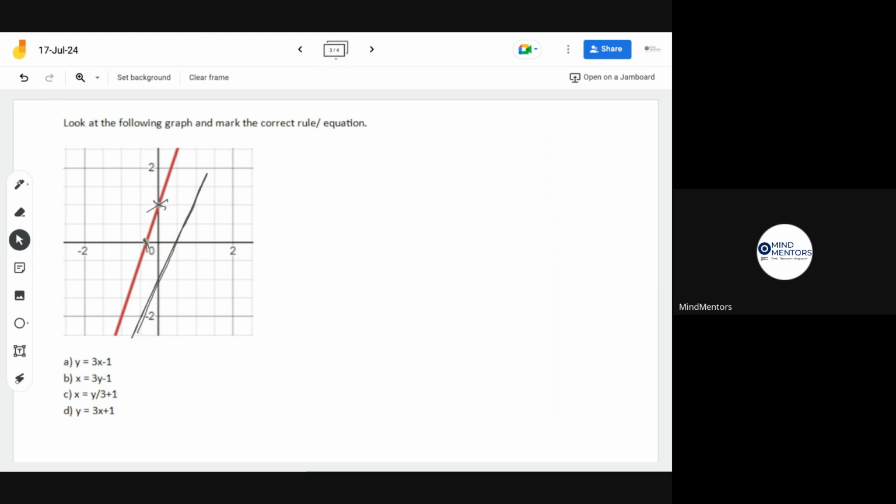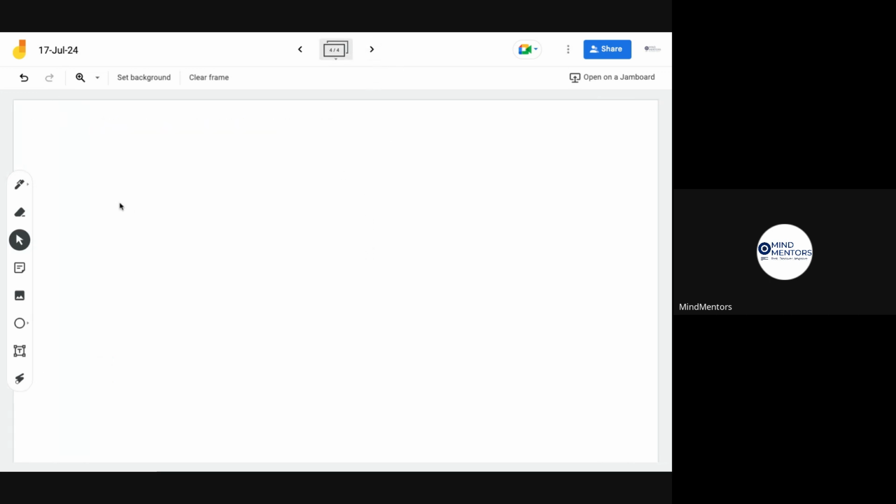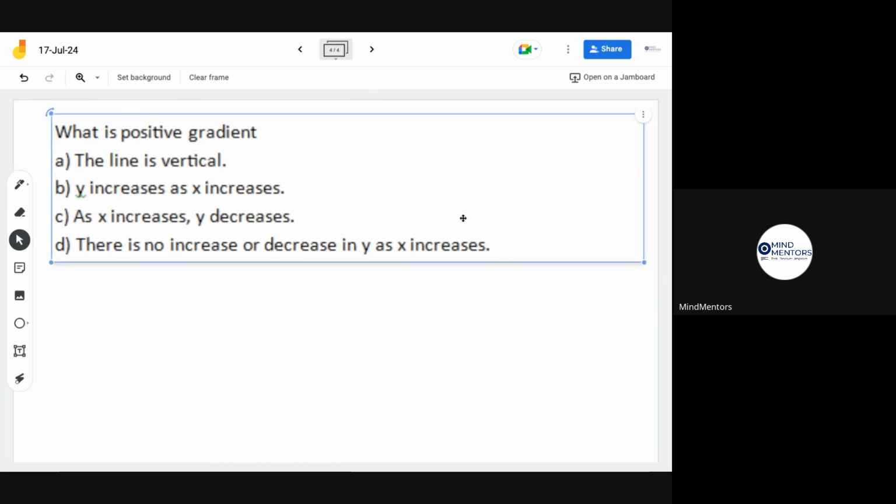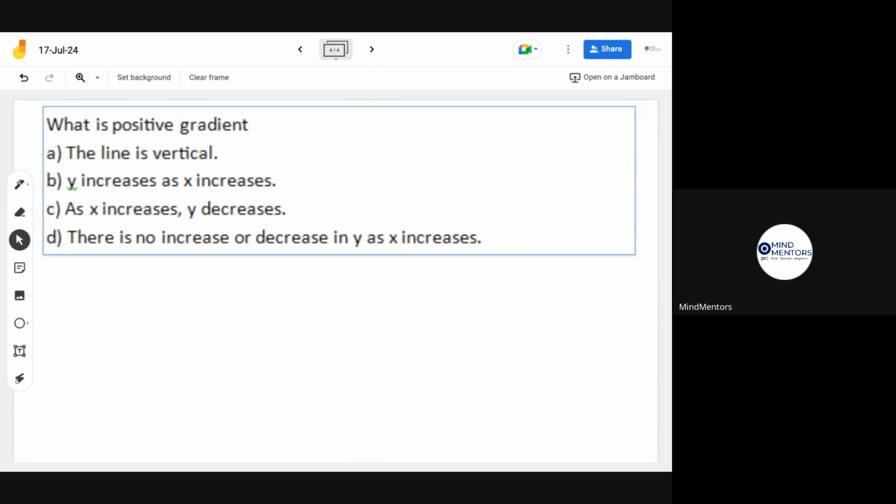All right. So there was one more question that we got wrong. It is this one. Let's look at this question as well. What is positive gradient?